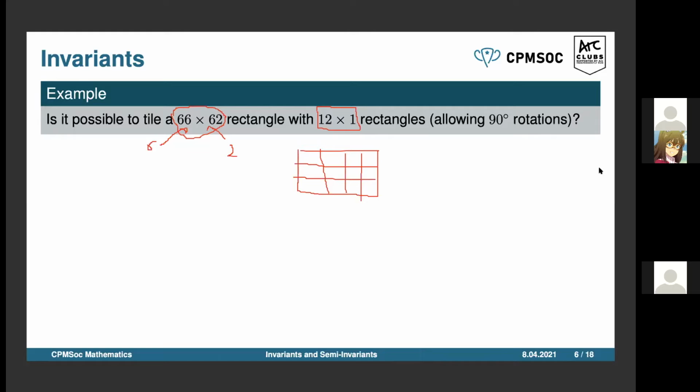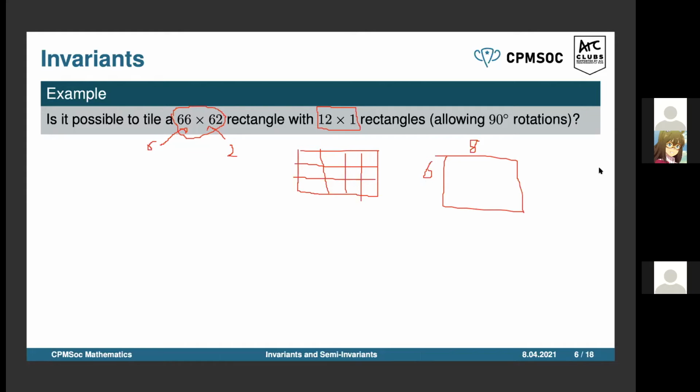So it's impossible to tile a 3 by 4 rectangle. So you could try other small cases such as, let's say 6 by 8. So 6 by 8, that is also divisible by 12. However, you still can't fit a 12 by 1 rectangle in there.